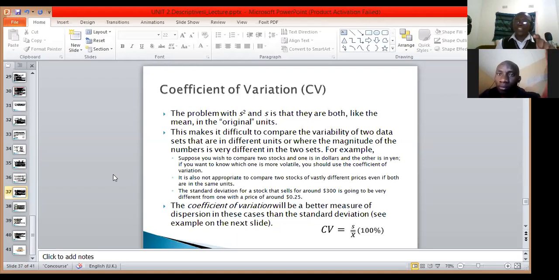Once you have calculated your standard deviation and your mean, the coefficient of variation is the standard deviation divided by the mean, multiplied by 100%.